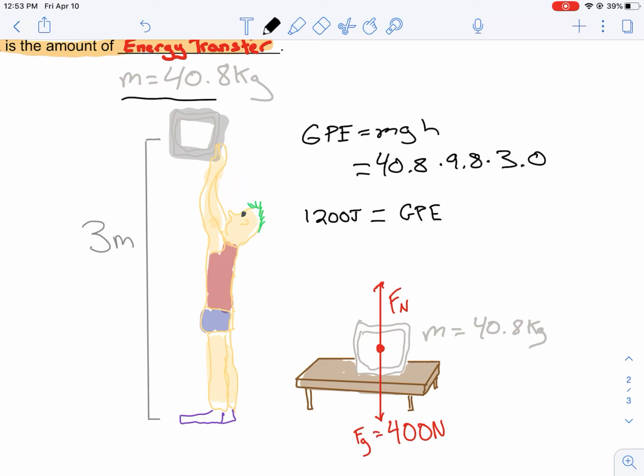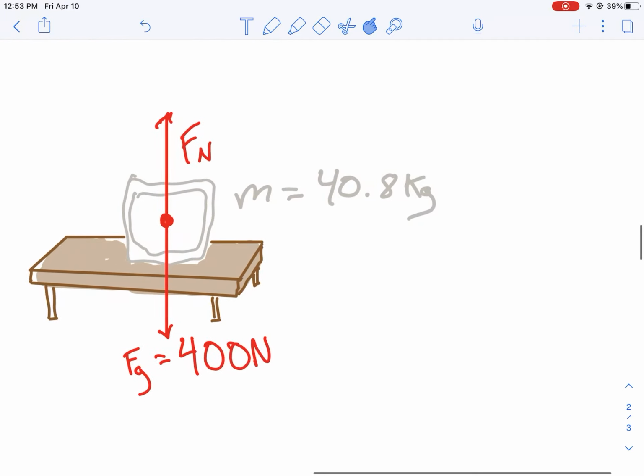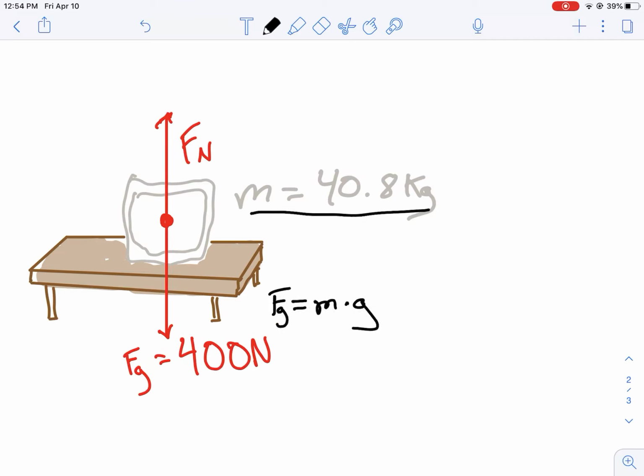And a great way to think about this also is just recall that if you had this ice block on the ground, with a mass of 40 kilograms, you guys know that force due to gravity equals mass times little g, that's m and g. That's the m and the g of the mgh of our GPE. So that's almost all of it.